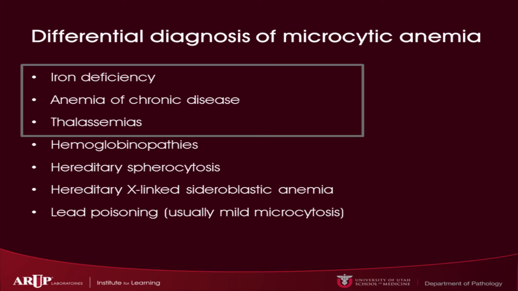So sometimes it becomes a little bit difficult to diagnose anemia of chronic disease because it can also manifest as normocytic anemia. So for practical purposes, if we are seeing a case of microcytic anemia, the most common differential which should come to anyone's mind is iron deficiency anemia and thalassemias too, especially based upon the ethnicity of the population. Thalassemia has also become one of the common differential diagnoses, and we'll talk about the ethnicity part later on.